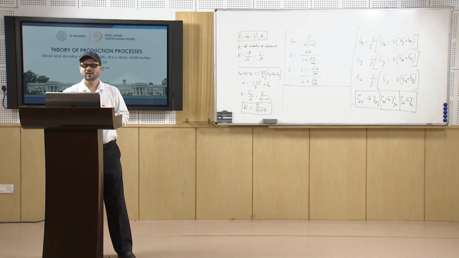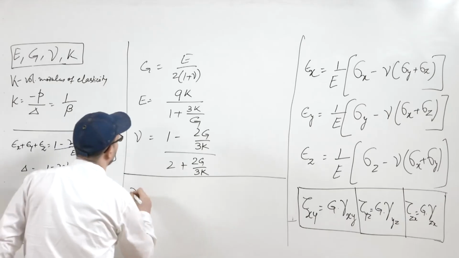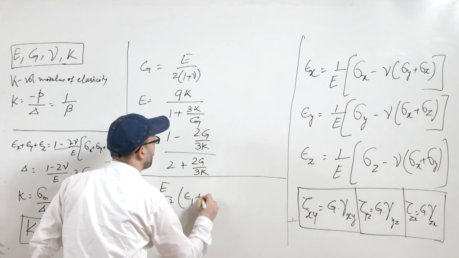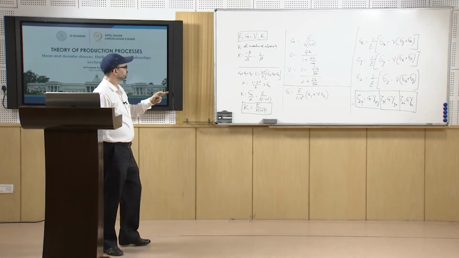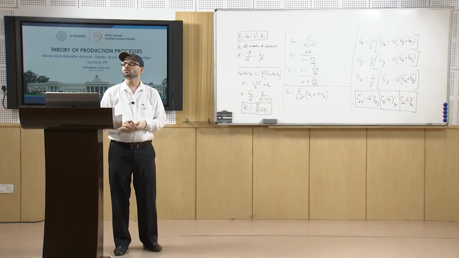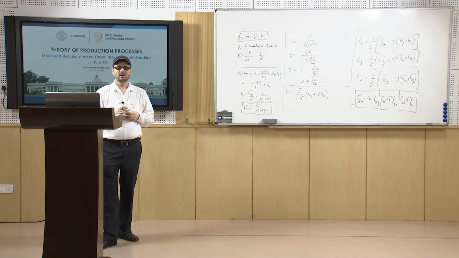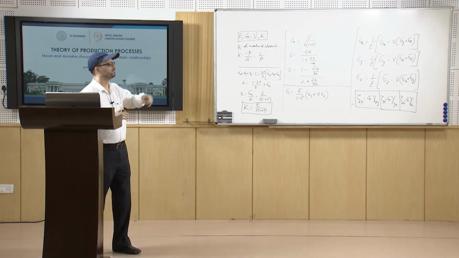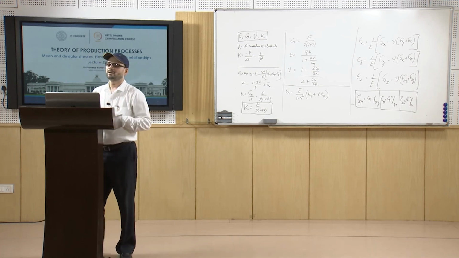Sigma 1 will be E by (1 minus nu square) into (epsilon 1 plus nu into epsilon 2). If you know epsilon 1, epsilon 2, nu and E, this way you can find the stresses for the given value of elastic strains. Similarly, for sigma 2, you can find E by (1 minus nu square) into (epsilon 2 plus nu into epsilon 1). So, this is the case of plane stress conditions.